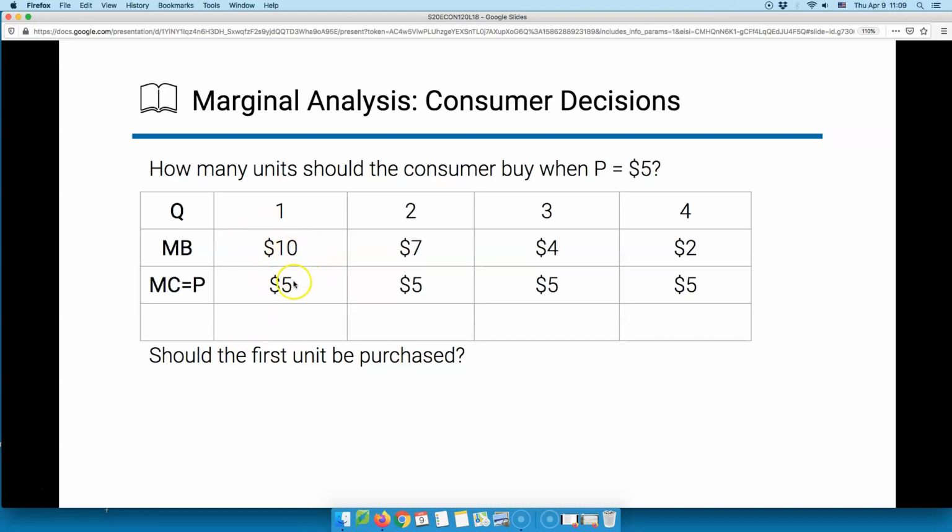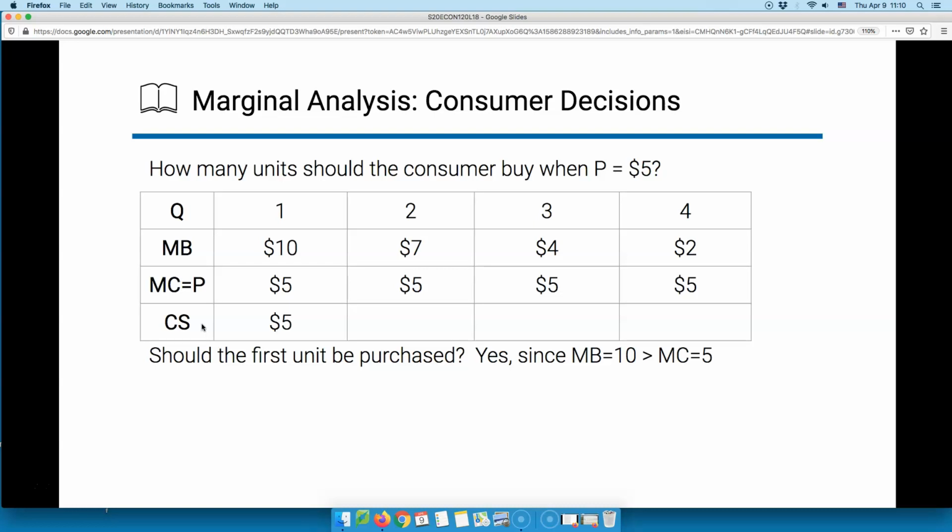Since the benefit exceeds the cost, the answer is yes. That first unit should be purchased, and that unit will generate what we call consumer surplus. That is the difference between marginal benefit and marginal cost. And that's going to be consumer surplus of $5. So think about the consumer surplus as the net benefit from consumption to a consumer.